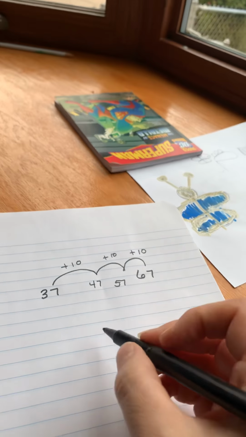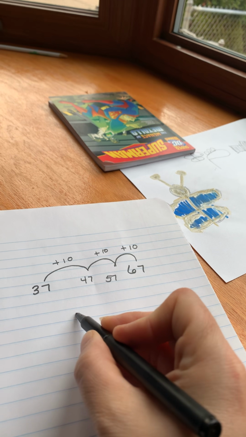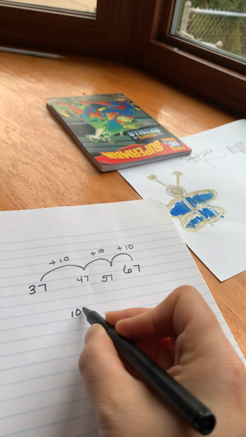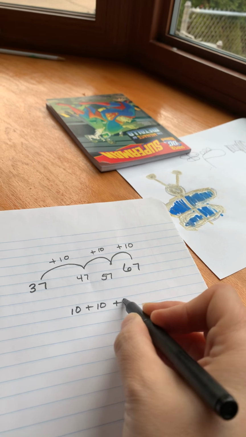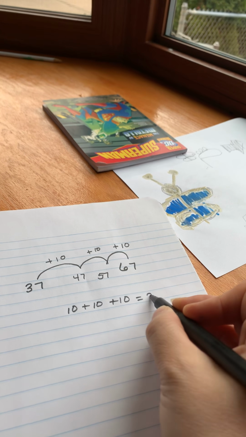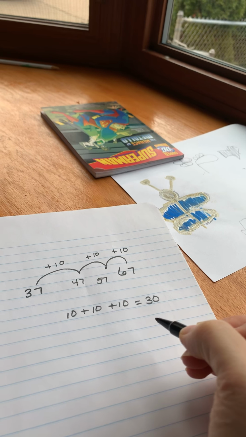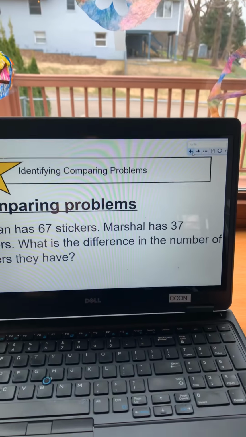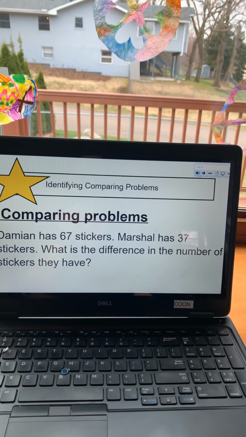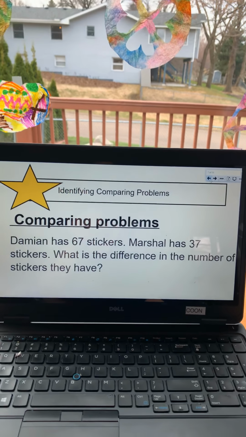Add up those jumps. 10 plus 10 plus 10 equals 30. So what is the difference between the number of stickers they have? Well, 30 is the difference.